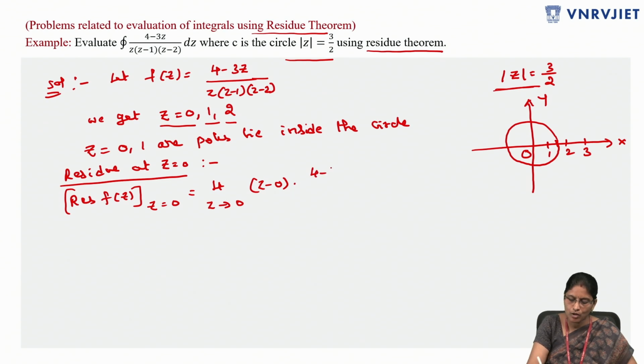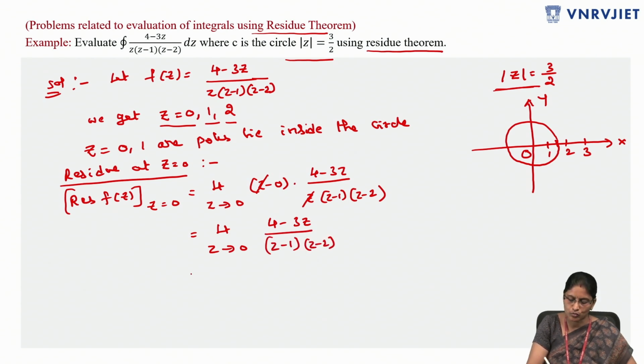What is f of z? (4 minus 3z) by z into (z minus 1), (z minus 2). Here z is there and here also z is there. Cancel these two. We get limit z tends to 0, (4 minus 3z) by (z minus 1), (z minus 2). Apply the limit, we get 4 by (minus 1)(minus 2), which is equal to 2. Residue at the point z is equal to 0 is 2.